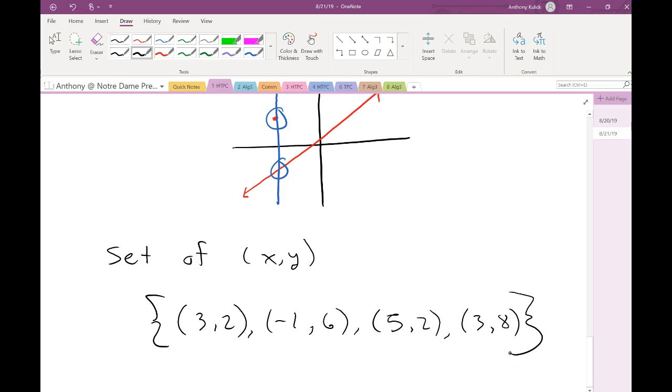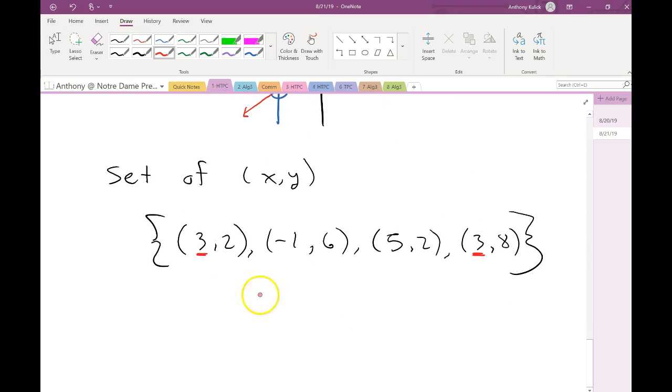So here's a set of ordered pairs. Is this representing a function? And you say no. Why? Yeah, so the issue is just the repeated x's. The y's can repeat. That's not a big deal. But the x's are a problem.